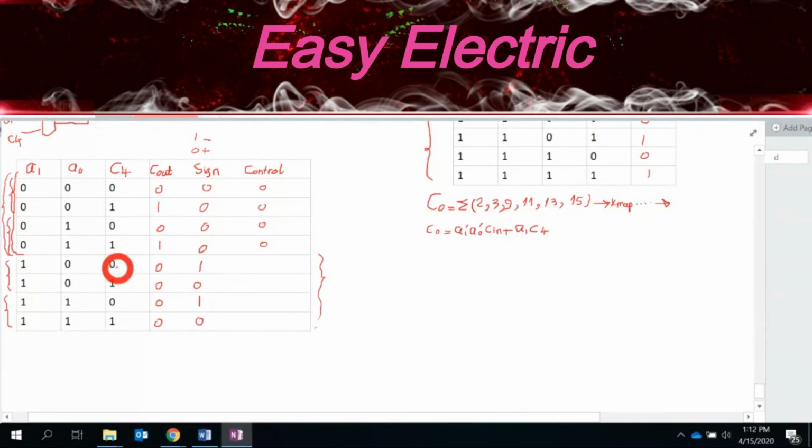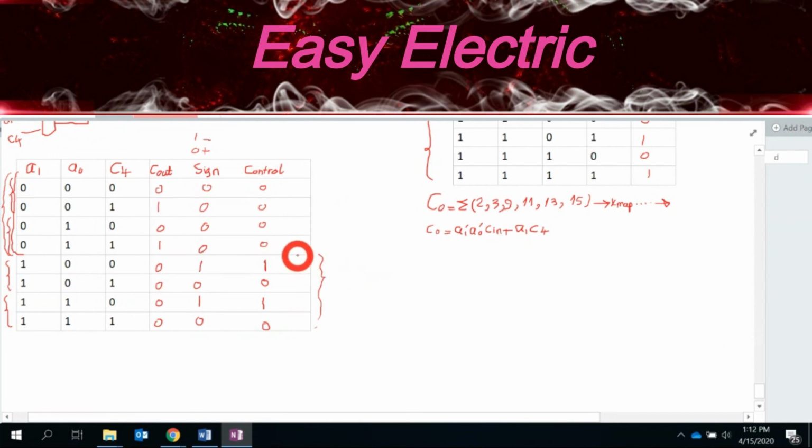If C4 is 0, you should take the first complement with the negative number. So here you have 1, and again here you have 1. The others should be 0 and 0, okay? So as you could see, the C control is exactly the same as the sign, right? Sign and control are exactly the same thing, but C out is different.